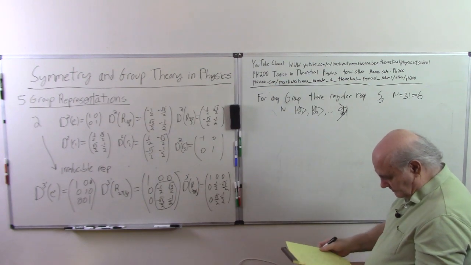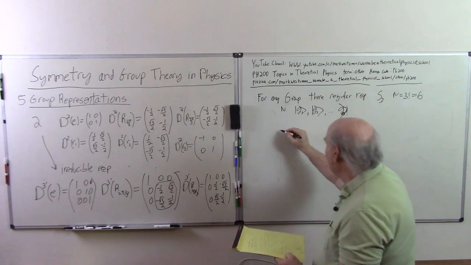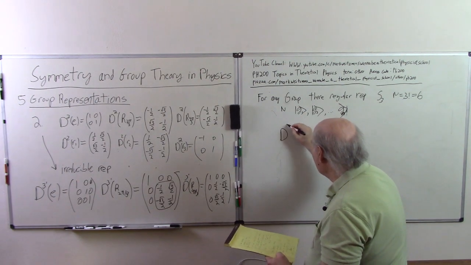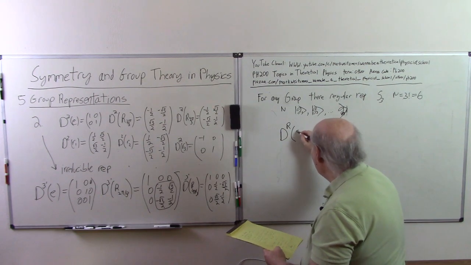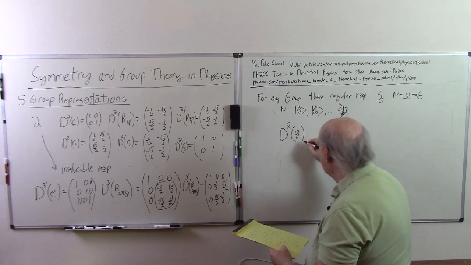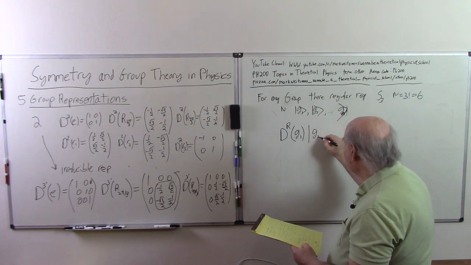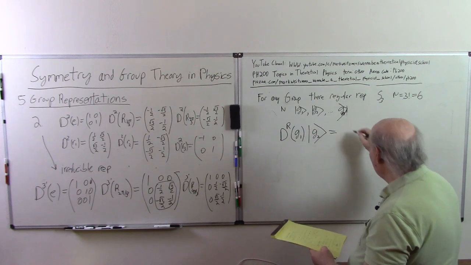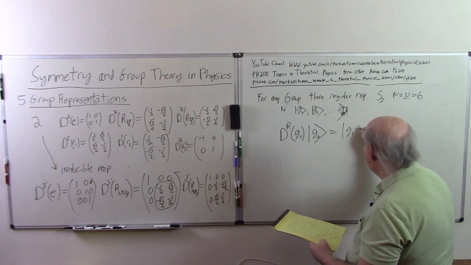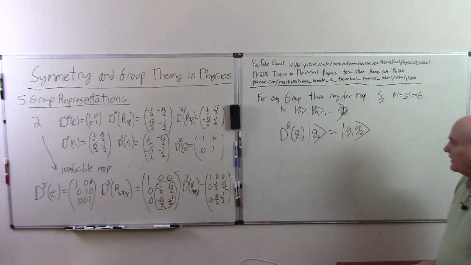I define the matrix D, I'll put R for regular, and for the group element G1 acting on the vector G2, we're just going to define this as G1 G2. This will hold for any group, and you can check that it's a representation.